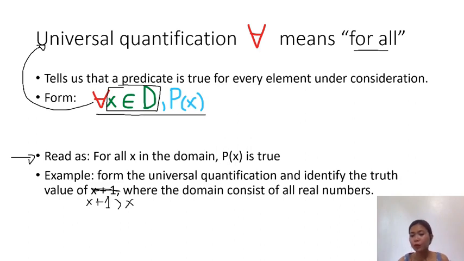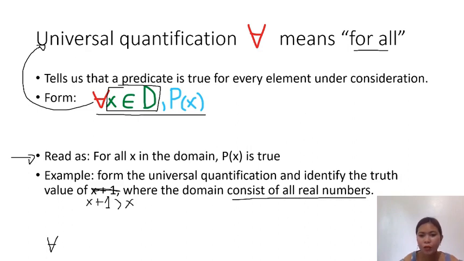So what we're going to do first here is, of course, it's universal quantification, so we're going to use the symbol upside down A. Alam na natin yun. Now, let's identify saan ba dito yung domain natin. It is indicated here. The domain consists of all real numbers.